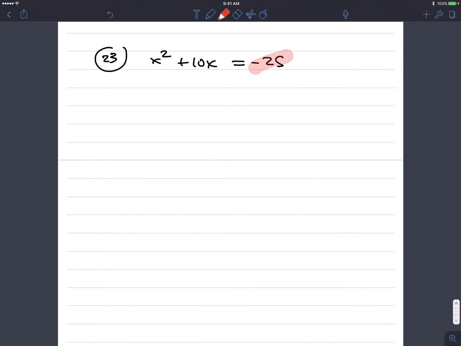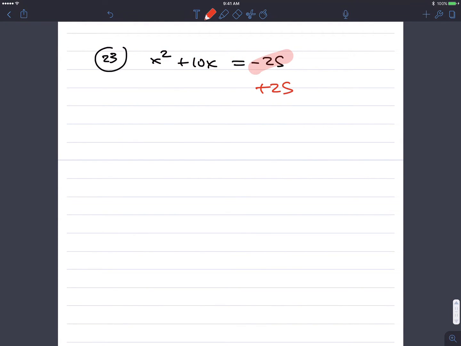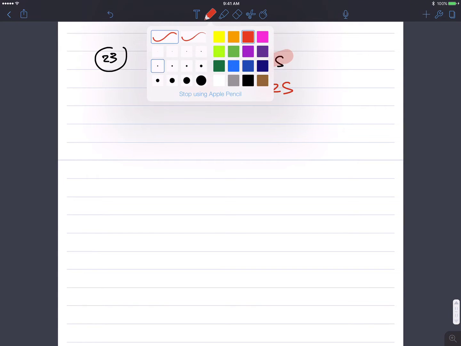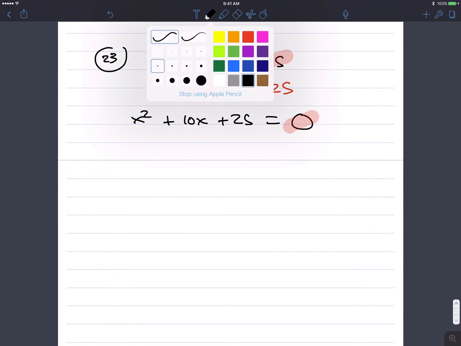We notice this is not 0, but that's okay. We can make it 0 by doing what? You add your 25 to both sides, and you end up with x squared plus 10x plus 25. Is that value 0? Once again, we got 0, but no product.